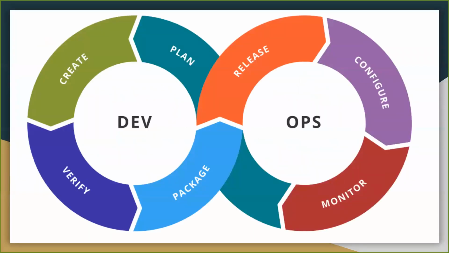So this is what DevOps is. It starts from planning, then creating, verifying, packaging, releasing, configuring, and monitoring the application. Everything is included in DevOps. Earlier the developer just used to write the code and push it to the remote repository.